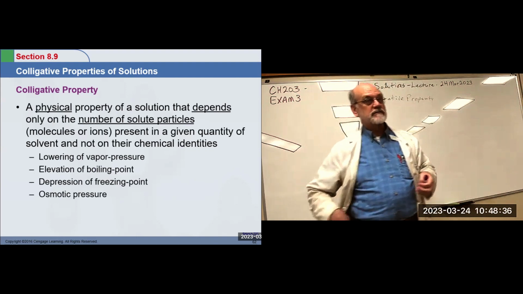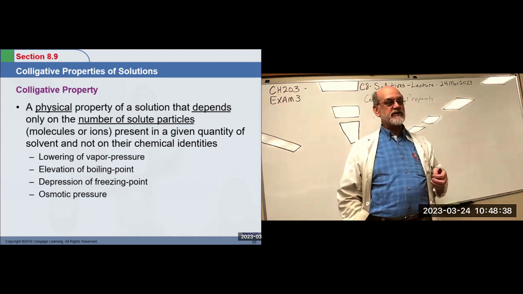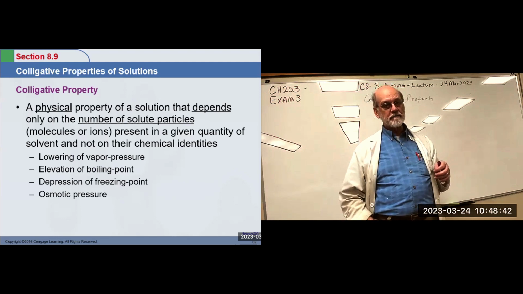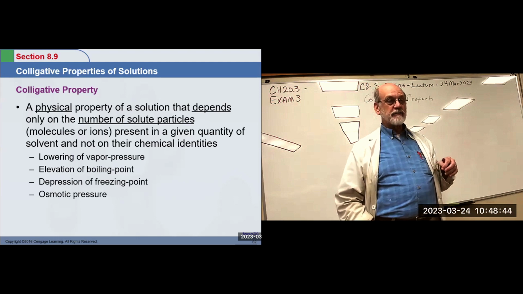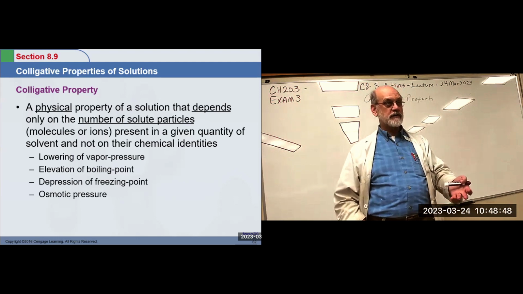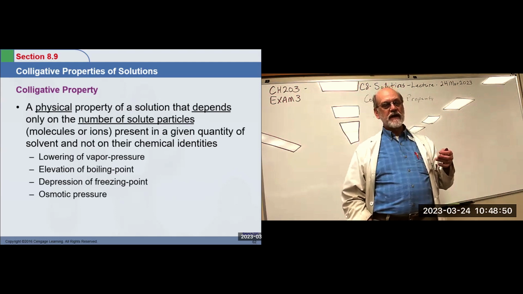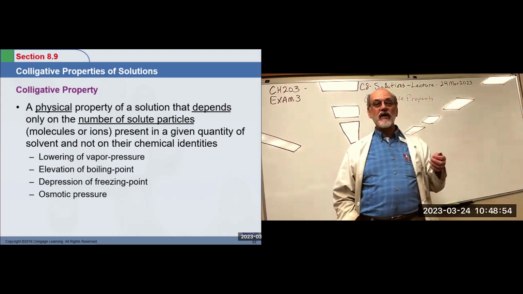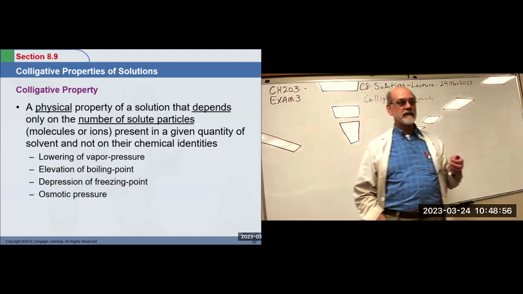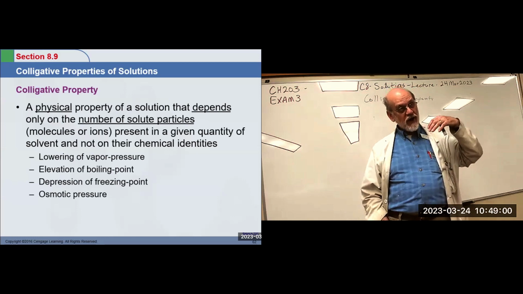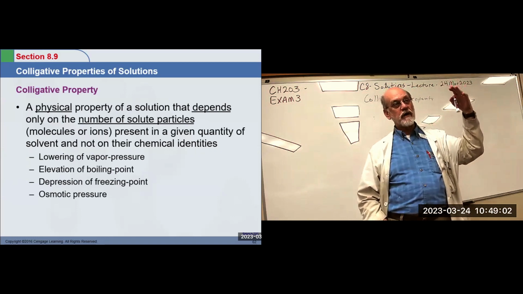Okay, so these are the most commonly used colligative properties. Vapor pressure changes with the number of particles dissolved in a solvent. We can elevate the boiling point by adding a solute to a solvent. That's why the fluid in your radiator has ethylene glycol in it. It's not just water, because the engine gets hot. Its temperature rises above the boiling point of water.